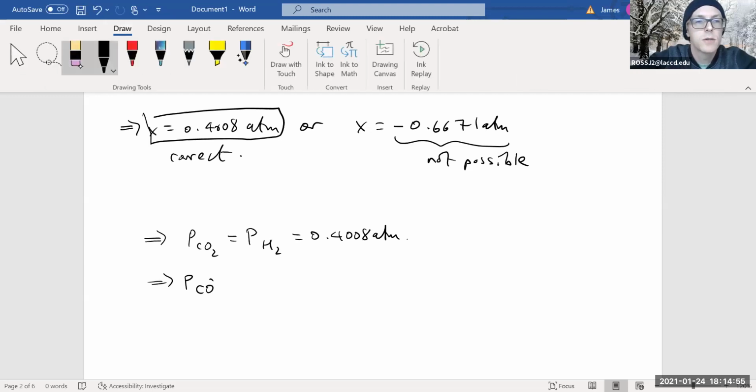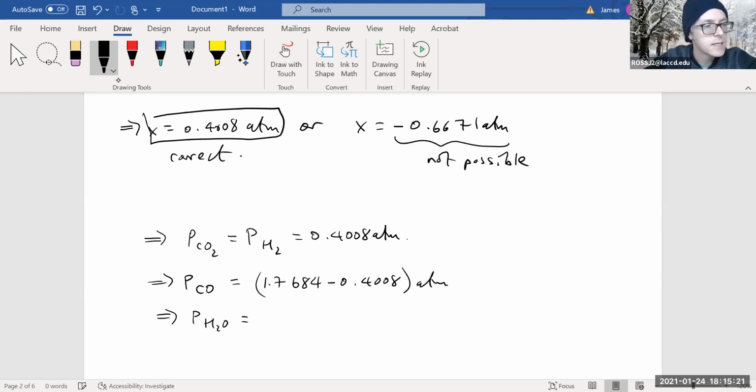The partial pressure of CO at equilibrium is equal to 1.7684 minus 0.4008, and obviously that's atmospheres, and the partial pressure of H2O is equal to 2.3237 minus 0.4008 atmospheres, and that would equal, etc.